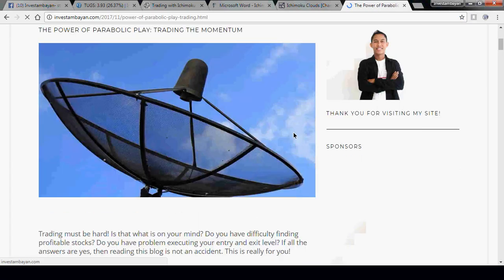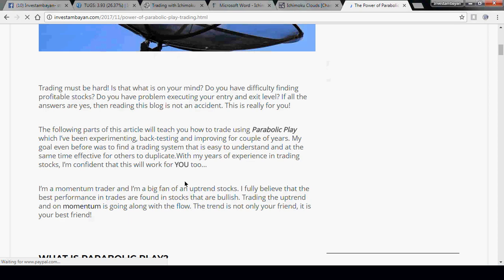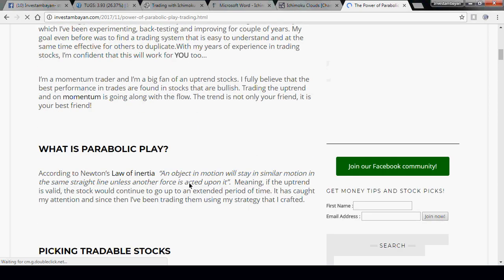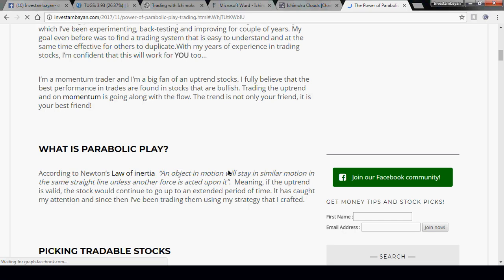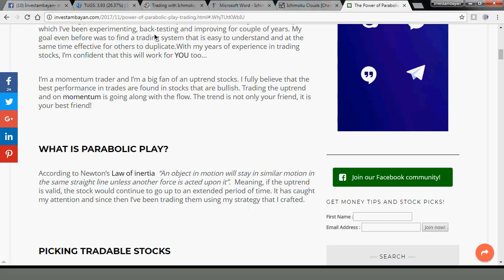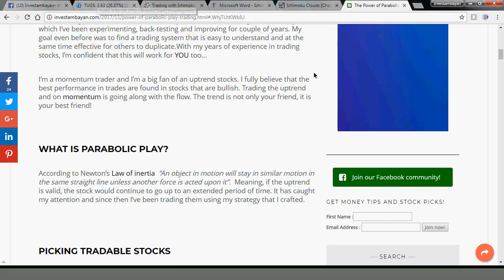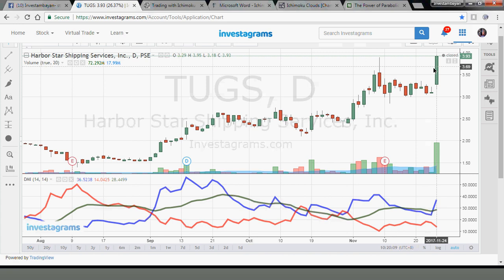Ano bang sabi sa law of inertia? An object in motion will stay in similar motion in the same straight line unless another force is acting upon it. It means, kung uptrend yung stock, tapos walang major force na push back sa stock, pababa, then it will continue to go up in an extended period of time.